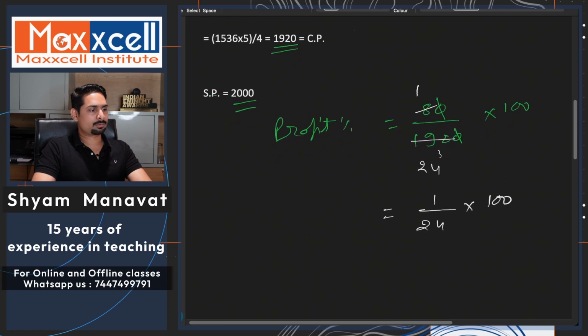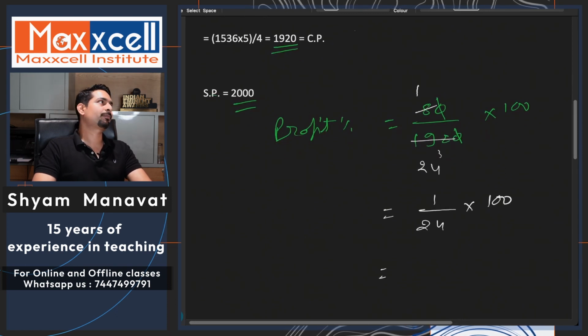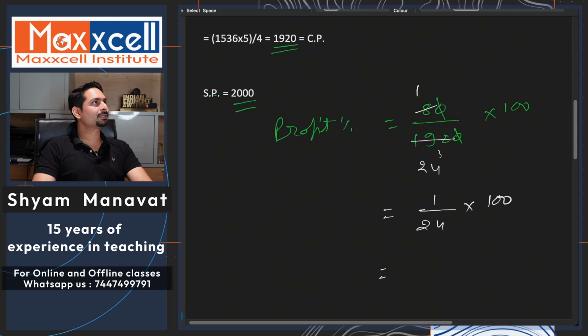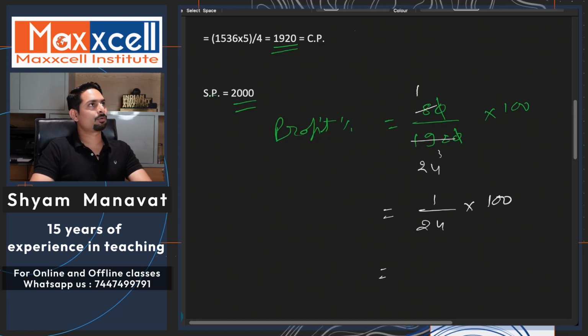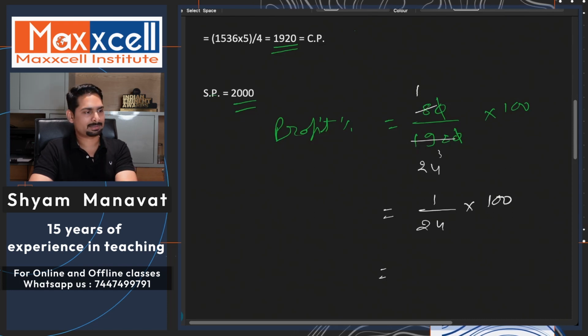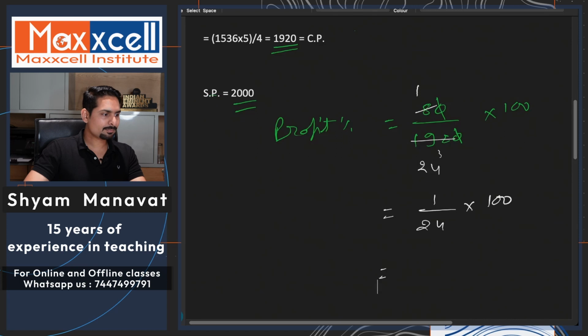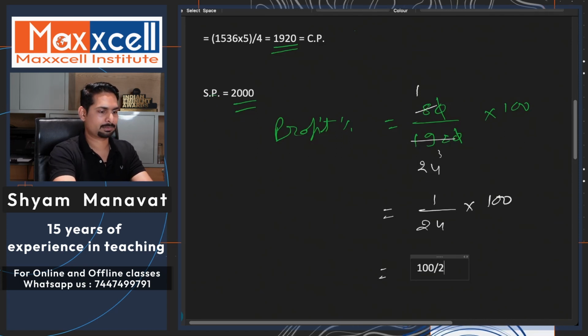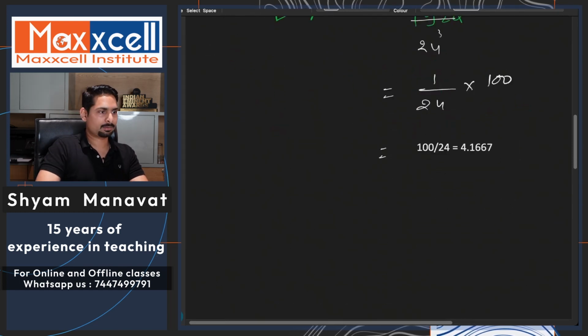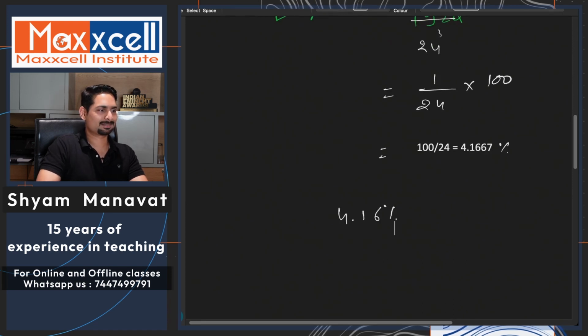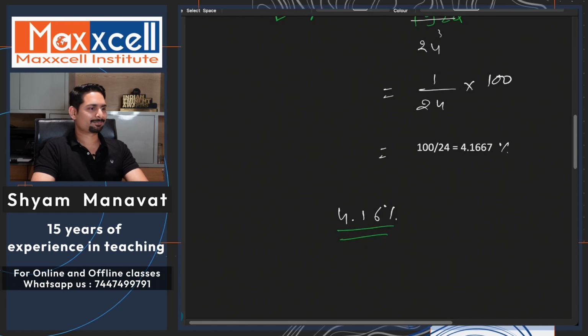That should give you approximately 4.16%. 5.26% is 1 by 19, so it should be 4 point something. Let's see how exactly this is. Yes, 4.16. Great. 4.16%. That's your profit percent. That's the answer.